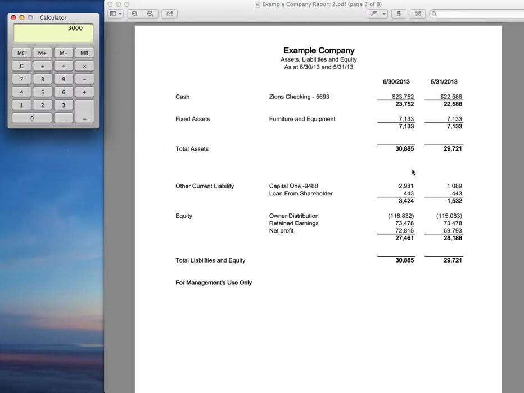And by putting that $1,900 on the credit card and increasing their liability, it freed up some cash to be pulled out or to be banked in the checking account. But it also increased their liability that they're going to have to pay off in the future, right? So those are just some of the questions you can ask and answer by using your balance sheet.